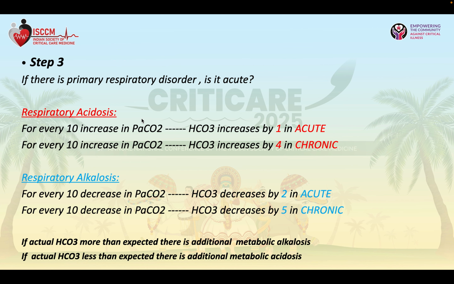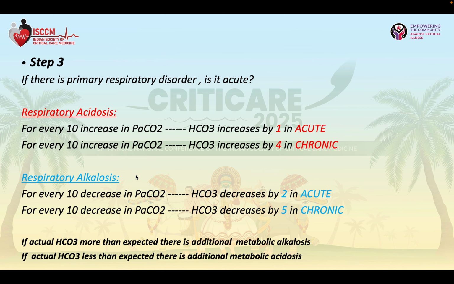PCO2 is actually an acid, so the bicarb will go up. Remember, with every 10 increase of PCO2, the bicarb will increase by 1 if it is acute respiratory acidosis, and by 4 if it is chronic respiratory acidosis. This is very important.